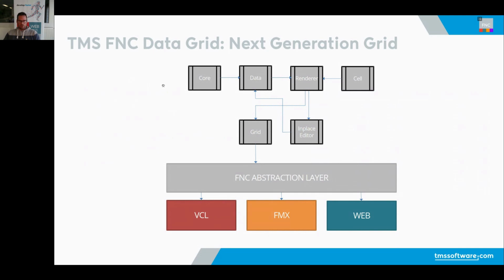So that's different from all the other FNC components that we have designed until now. You will see at the left-hand side, there's the core layer, which actually defines how the grid should look. Then we have the data layer, which of course speaks for itself. It's the layer that captures your data, that manipulates and transforms your data.